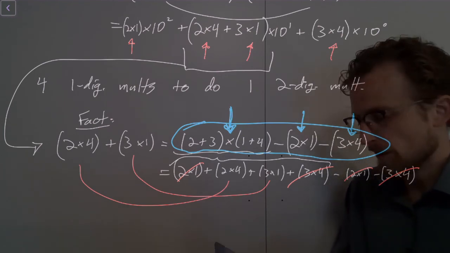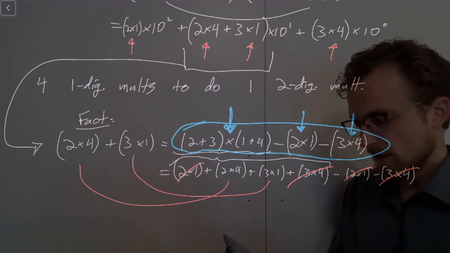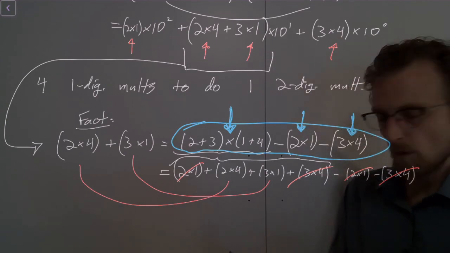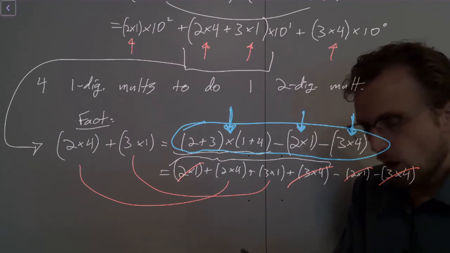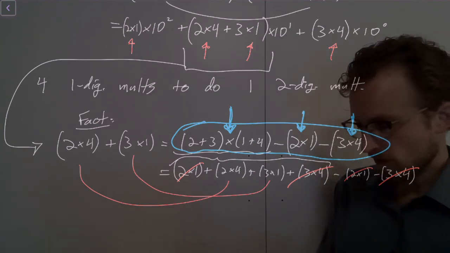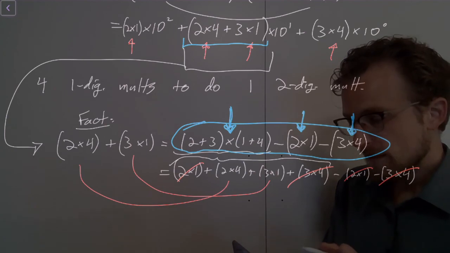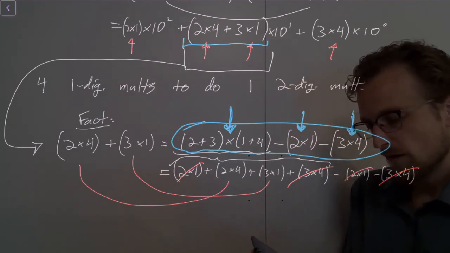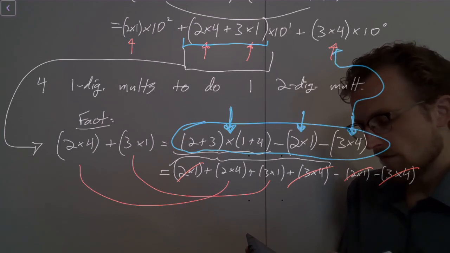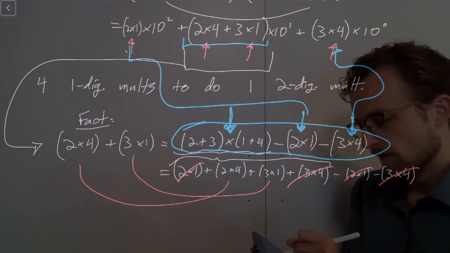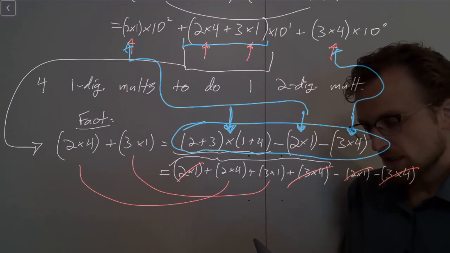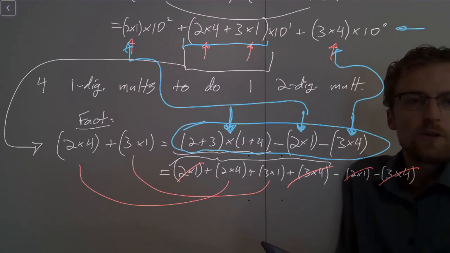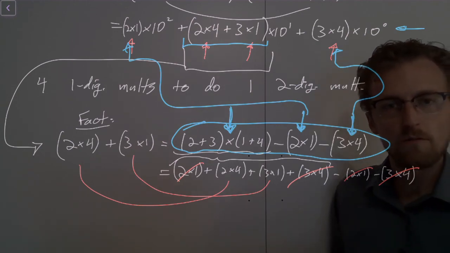So it's a one-digit multiplication. And then the second blue arrow is a one-digit multiplication. The third blue arrow is a one-digit multiplication. And the whole thing together, if I add up all those terms, that gives me this. And then here my 3 times 4 gives me this, and my 2 times 1 gives me this. And this expression here captures everything we need to multiply 23 by 14.